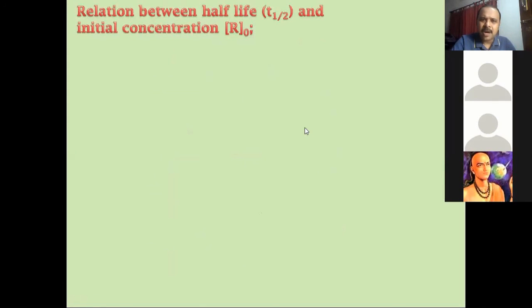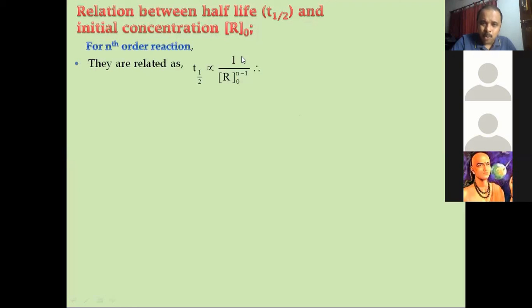The relation between half-life and initial concentration R naught for different reactions of various orders. You can say for nth order, meaning any order. They are related as, look at this, T half is proportional to 1 by R naught to the power n minus 1, where n is the order of the reaction.